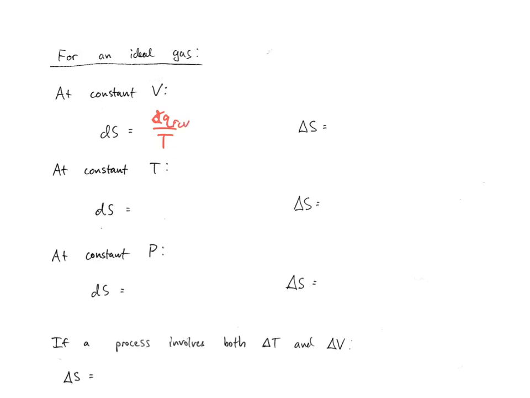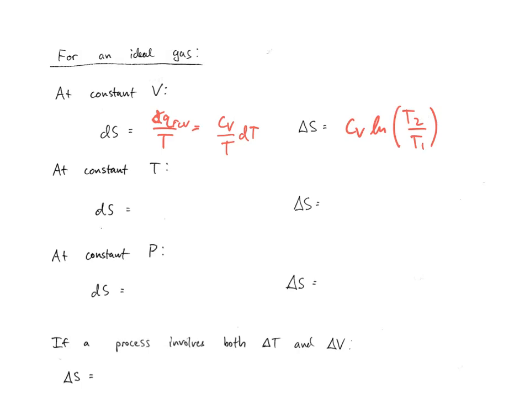We can say that the reversible heat is just equal to the constant volume heat capacity times a small change in T. And then when you integrate that, you get that this equals CV log T2 divided by T1.